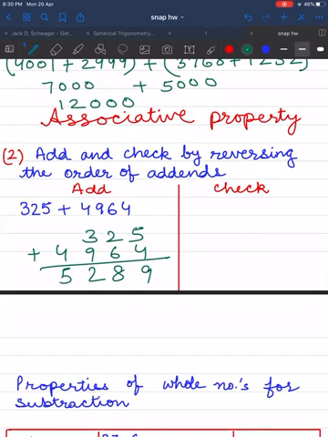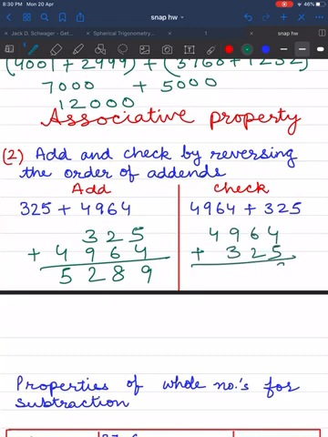So I get 5289. Now I have to check by reversing the order of addends whether I get the same result or not. So let's reverse the addends.